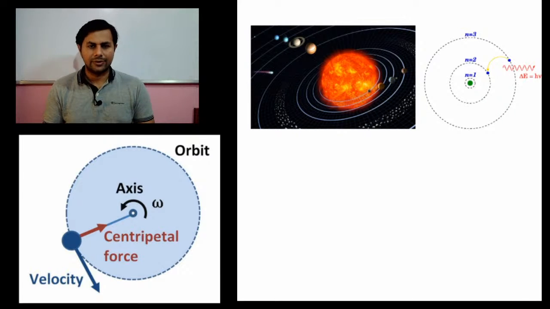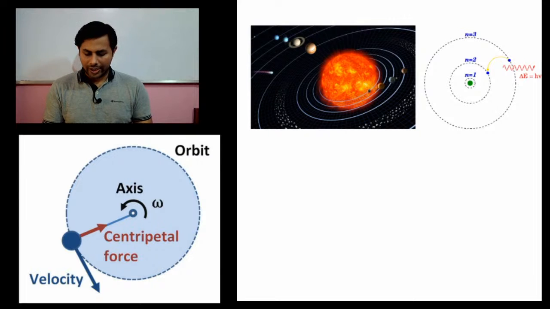In the Bohr model of an atom, the nucleus is at the center, positively charged because of protons, and electrons revolve around it in circular orbits.